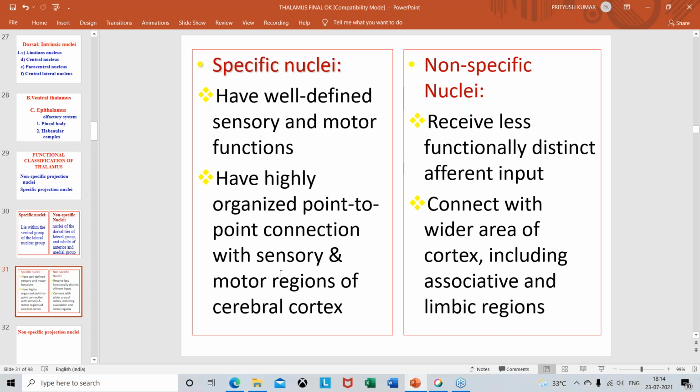So basically, the specific ones have well-defined function and point-to-point connection with the cerebral cortex, while here they are less functionally distinct and project to a wide area of the cortex. Here they project to a specific area, but here they project to a wider area of the limbic region of the cortex.